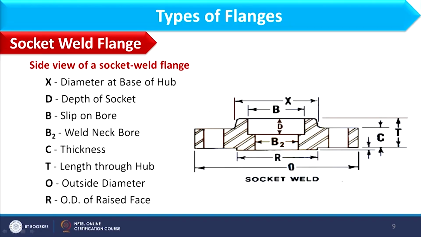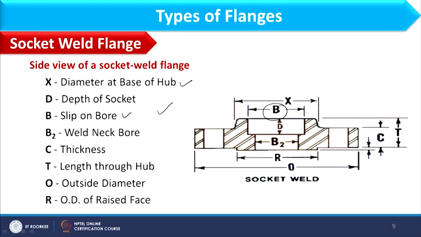And here I am having the schematic of the socket weld flange where different parameters are there, and other parameters we have already discussed. Here I am having T, which is the total height of the flange. Now, in that case we have two bore diameters. Here B is basically the slip on bore.